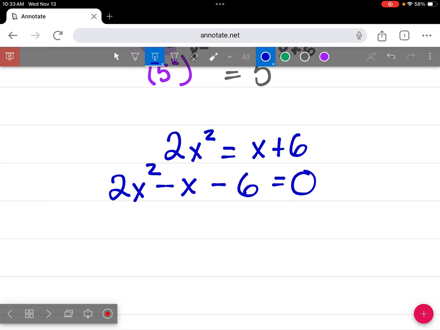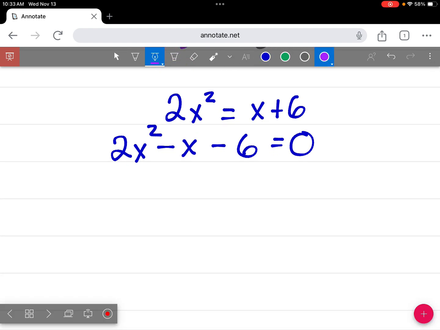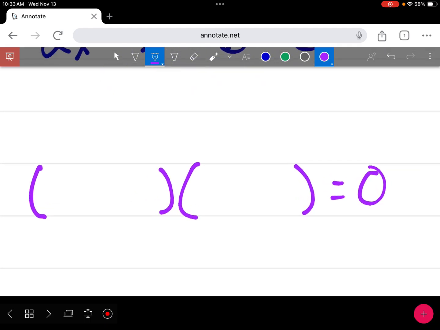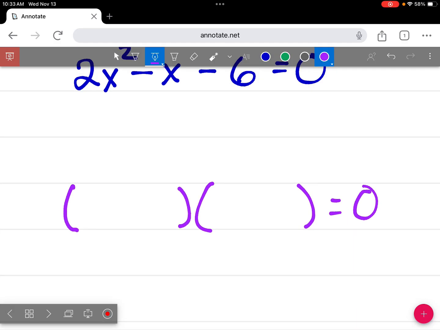Will this factor? Yes. Factor using whatever method you choose. What are we going to get as our factors? Say it louder. There we go. Watch out for that a value, because we're going to have our 2x plus 3 and our x minus 2.